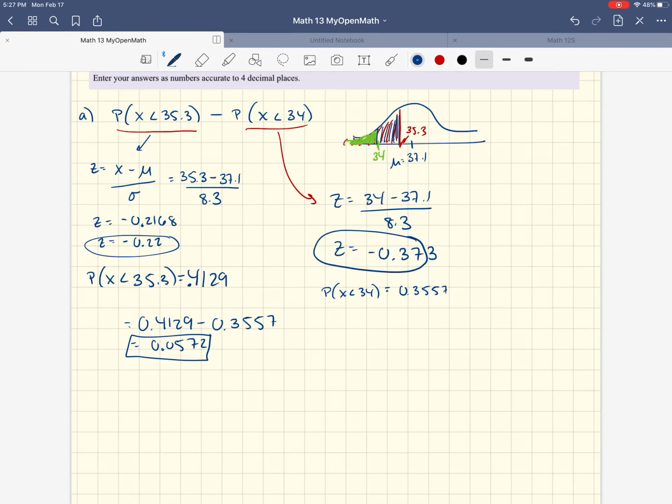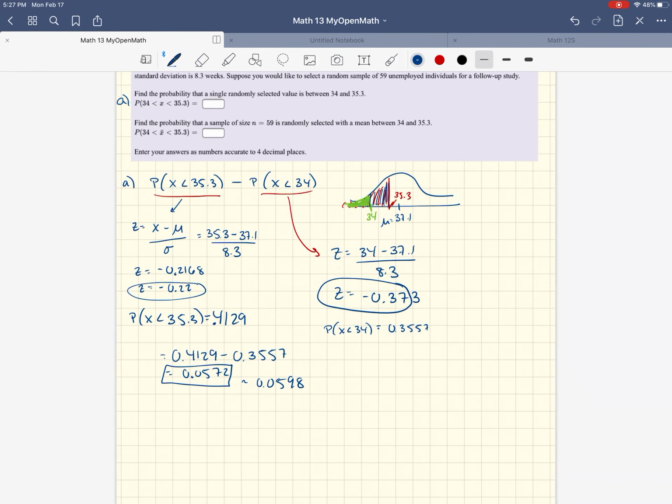But if you're not using a calculator, this is a pretty good estimate of that probability. If you are using a calculator, you'll get something different. When I used my calculator, I got 0.0598, pretty close to our 0.0572.